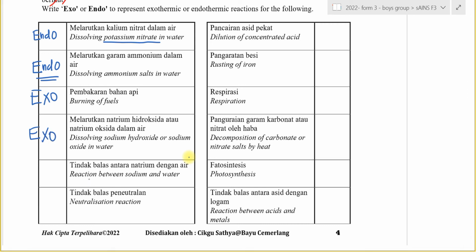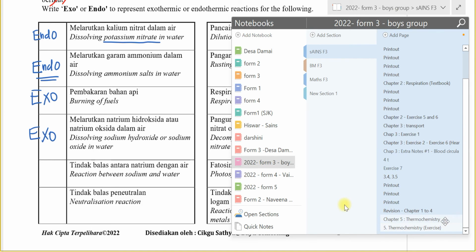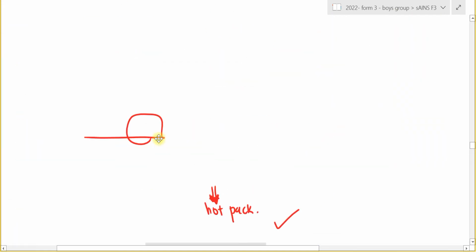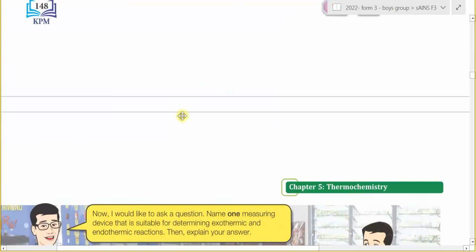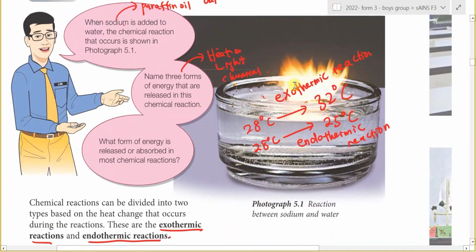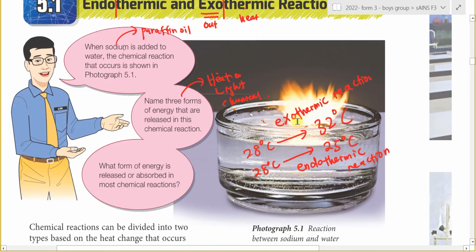Next. Reaction between sodium and water. Endo. Remember, just now I showed you the first experiment in the textbook. Burning, right? Sodium burns. See here, this is the sodium plus water.